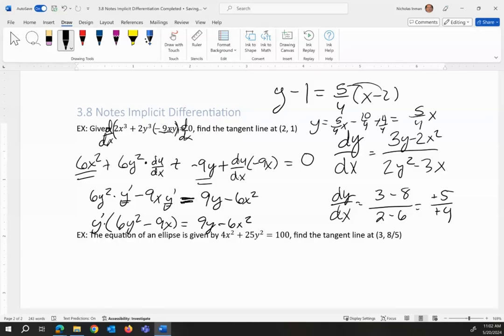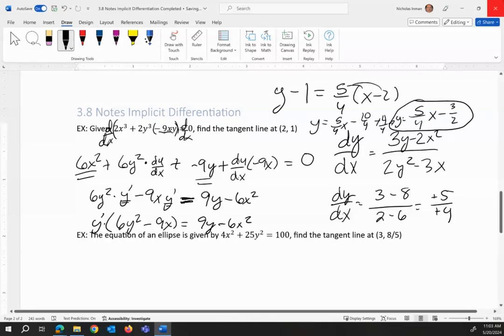So negative 10 plus 4 is negative 6 fourths, which would reduce to what? Negative 3 halves. All right, so this would be our tangent line: 5/4 x minus 3/2.